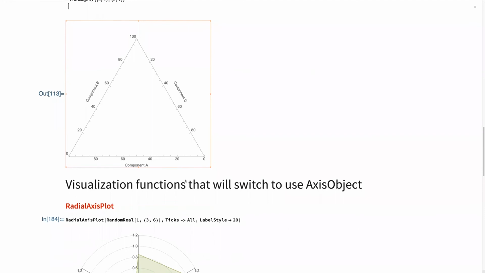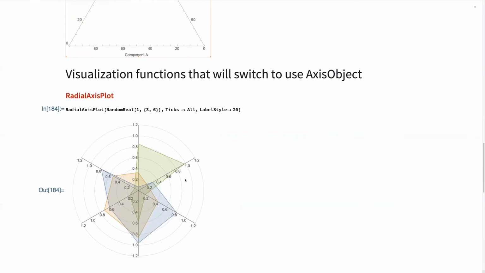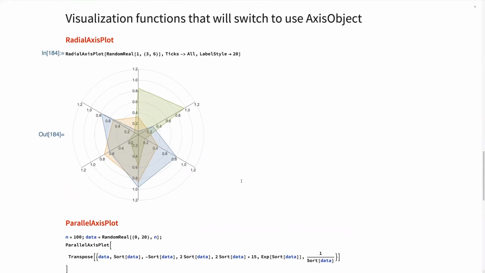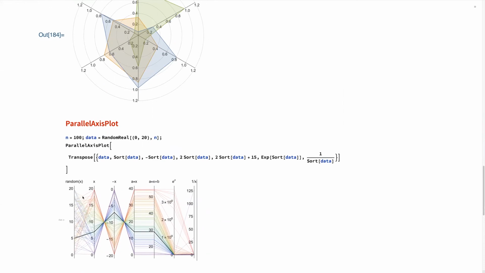And the visualization functions that we currently have that will eventually use the axis object include the radial axis plot. So it is really not uncommon that spatial axes exist in many visualization functions. We also have the parallel axis plot where the overall plot range is something like -1 to 1, but we are scaling every line to fit into this range, and we use our customized axis to draw these many axes.